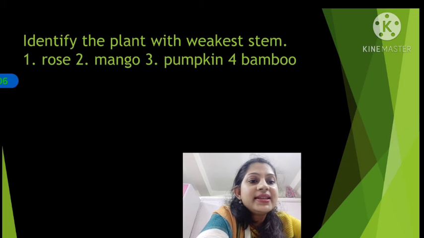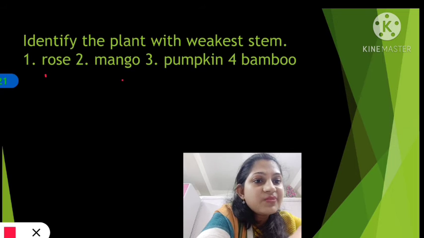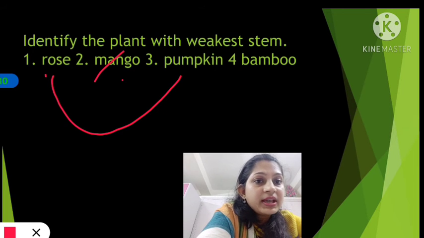Now let us see this question. Identify the plant with the weakest stem. Firstly, let us compare like this. First is rose, second is mango. Out of two, mango is strong, so let us cut mango. Now let us see rose and pumpkin. Which has a weak stem, pumpkin or rose? Pumpkin has a weak stem, rose is much stronger.